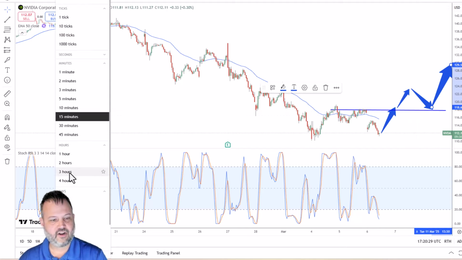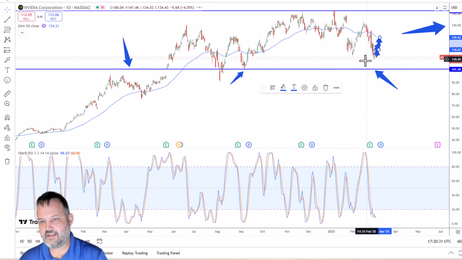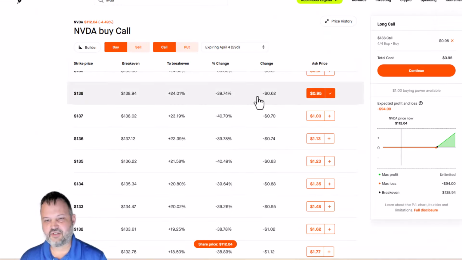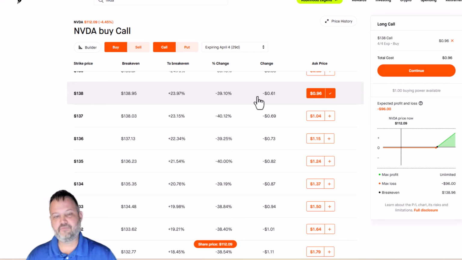And we know that on a daily, that's just a small move. Okay, so we get the pattern on a 15-minute, and then I would go in and buy the option. I'd look to pay about $1, and I know that at that point I could move the percentage that I need.